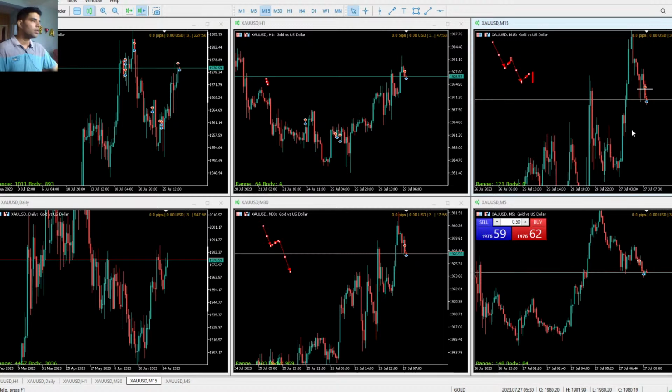So guys, for today I already took one trade. So what I will do is I will just watch the structure and the pattern of the candle movement.